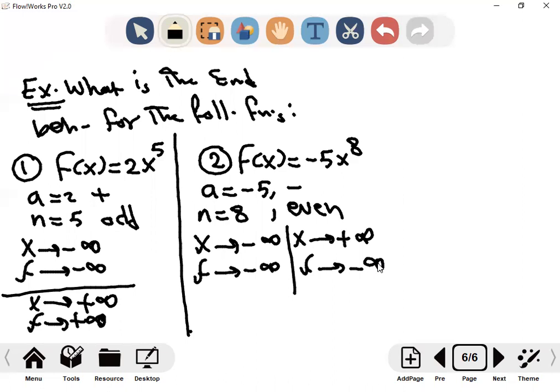What we have under the case, they wrote what? Domain, all real numbers. Range, all real numbers greater than or equal to 0 if n is even and A positive. Got it? So I will go and write the domain and the range for each case. That's it. I will go to the cases.